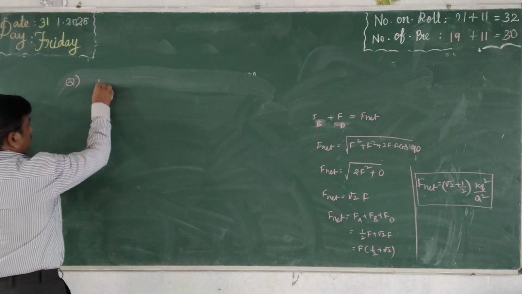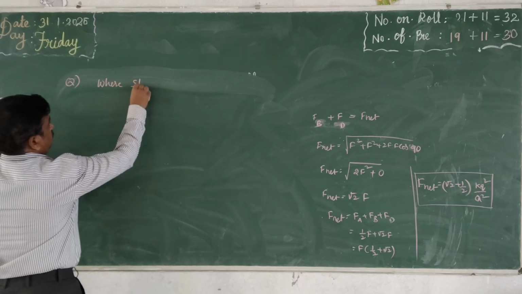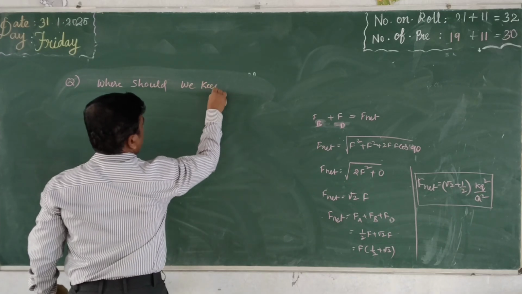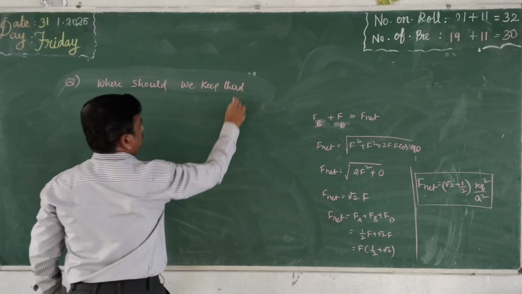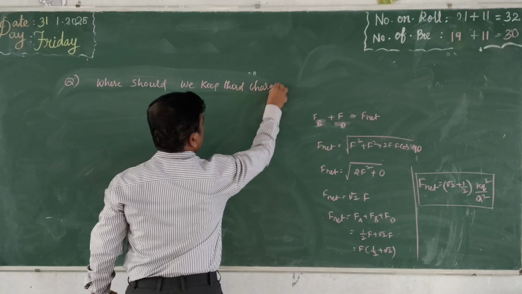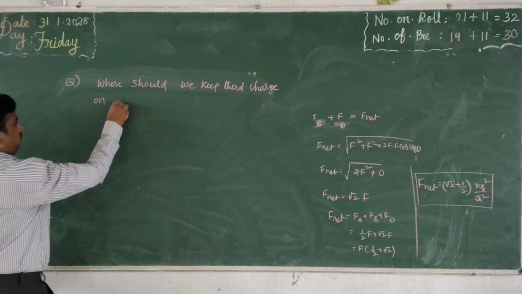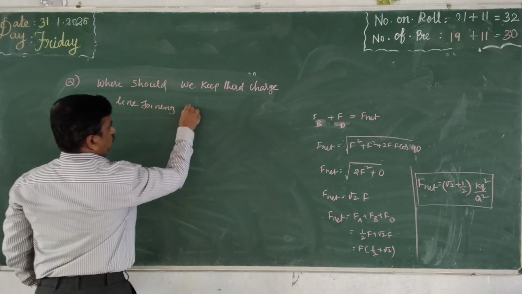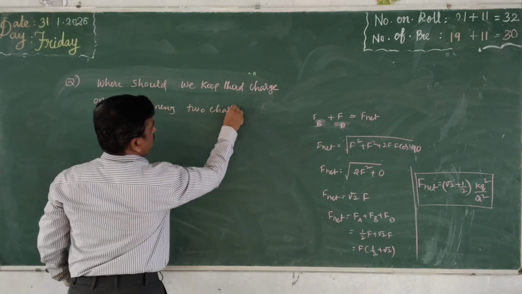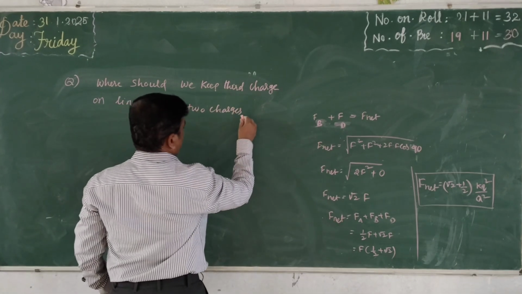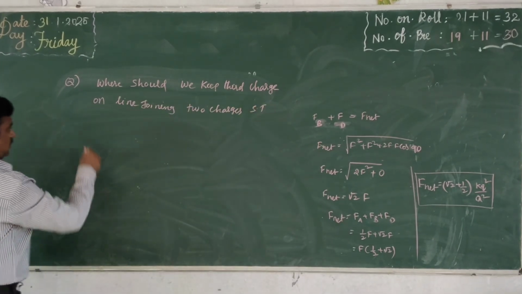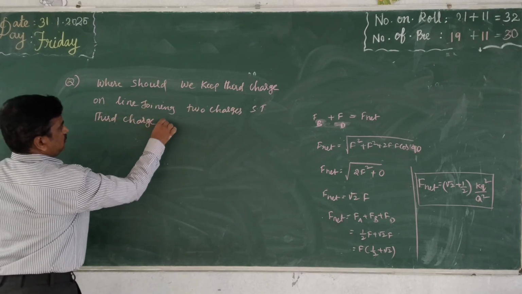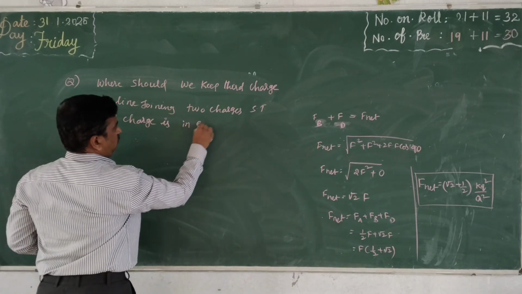Question, I write first here: where should we keep the third charge on the line joining two charges such that the third charge is in equilibrium.